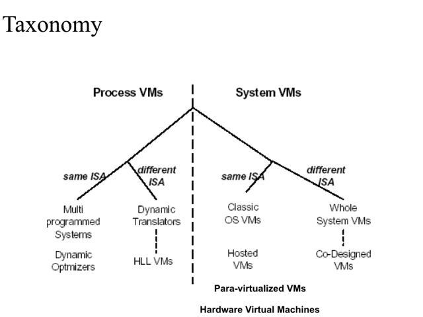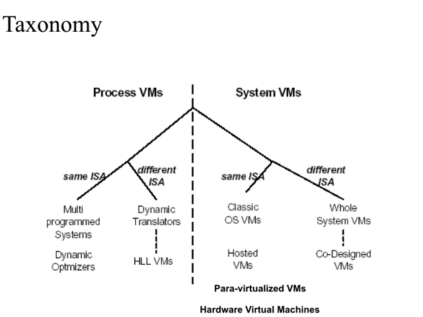So here's the taxonomy of different virtual machines we have discussed. There were two types of virtual machines: process VMs and system VMs. And within each of these, there are either same ISA VMs or different ISA VMs. And within that same ISA process VMs, we have standard multi-program systems, dynamic binary optimizers.